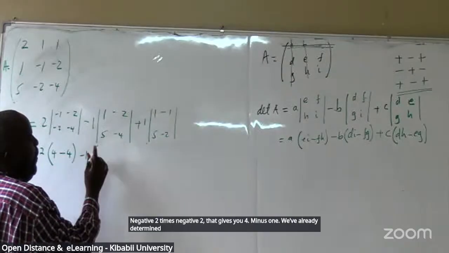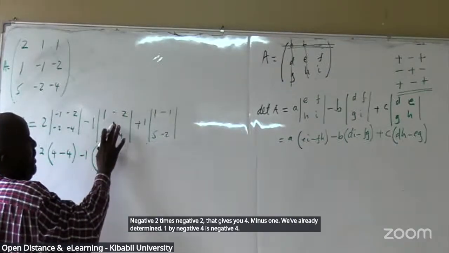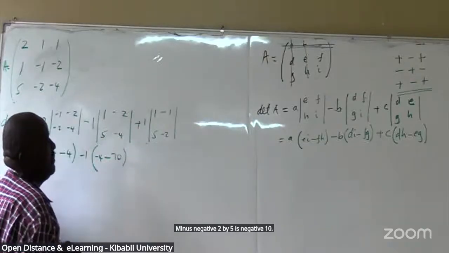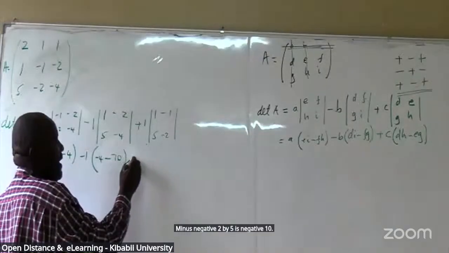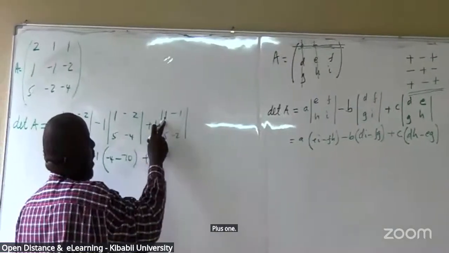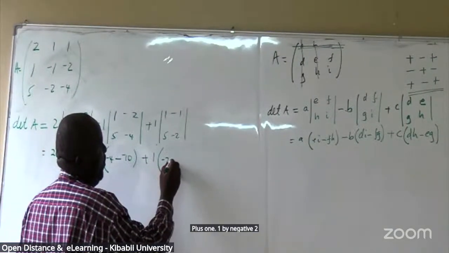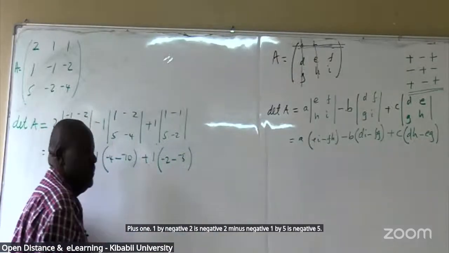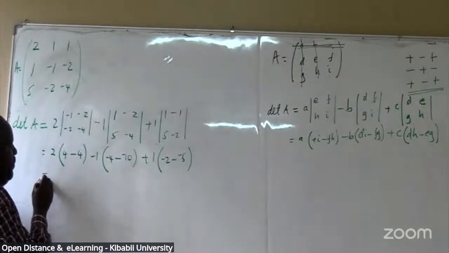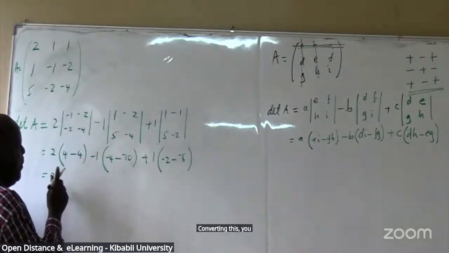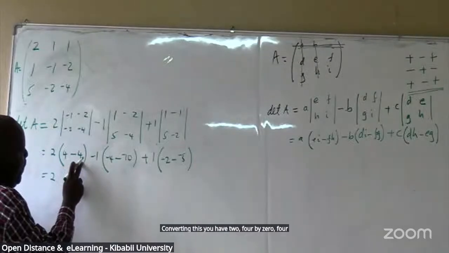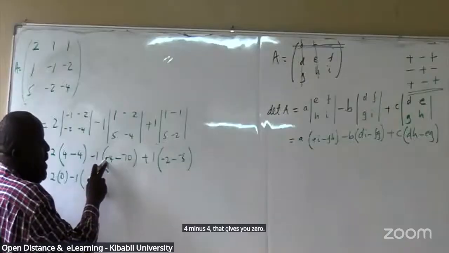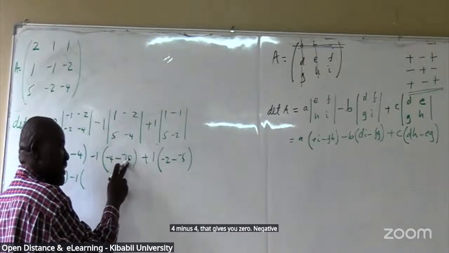1 by negative 4 is negative 4. Minus negative 2 by 5 is negative 10. Plus 1. 1 by negative 2 is negative 2. Minus negative 1 by 5 is negative 5. Evaluating this, you have 2 times 4 minus 4, that gives you 0. Minus 1 times negative 4 minus negative 10.